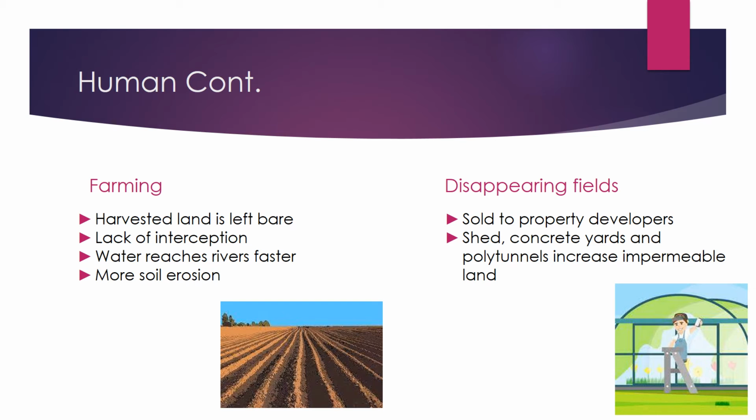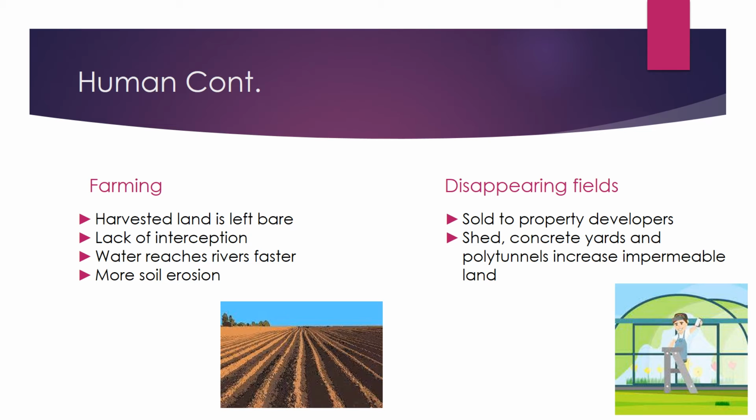Okay, more human factors. So we've got farming or agriculture. By using land for arable farming, so this is farming of crops, there is an increased flood risk. Now you might think this is a little strange because crops absorb water, which they do. But once the harvest of the crop has been completed, the fields are left bare.